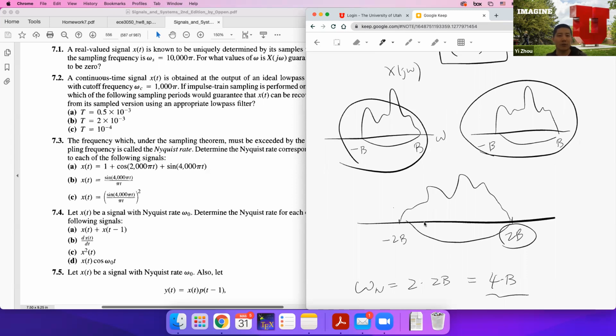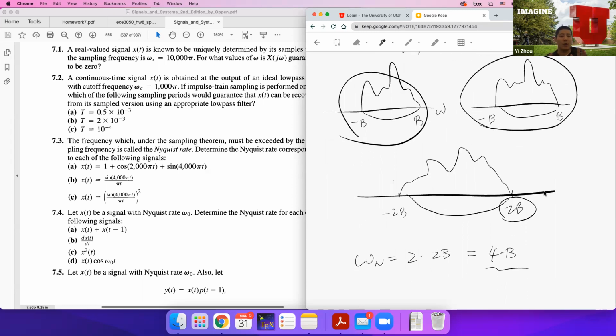Now this spectrum has bandwidth 2b, and this spectrum has bandwidth b. When you take convolution, the resulting spectrum will have bandwidth 3b, because the lengths will be added up. So if you raise it to the power of 3, then the Nyquist rate will be increased by 3 times.